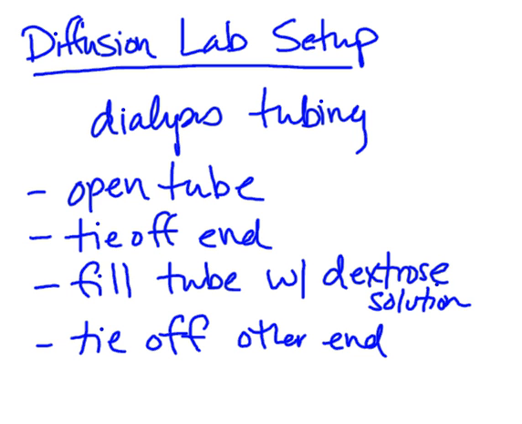There are some important techniques to tying off the end and filling your tube, because you want to make sure that your tube is very plump. You want it to feel kind of like a grape. So you'll twist the tube to get all the air out, and then tie it off so it's plump. You want it to be firm like a grape. You do not want it to be squishy.